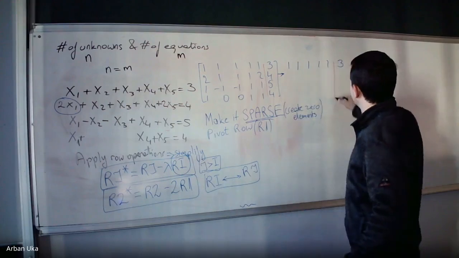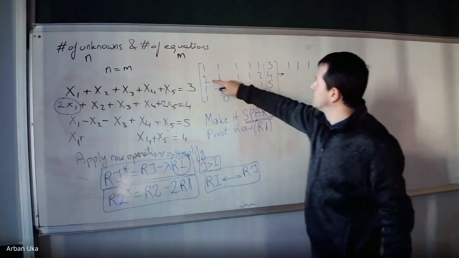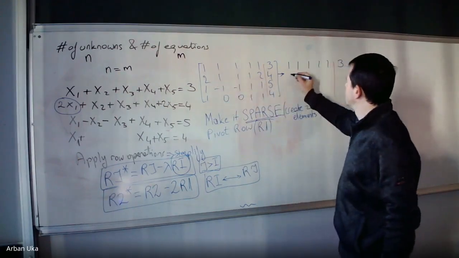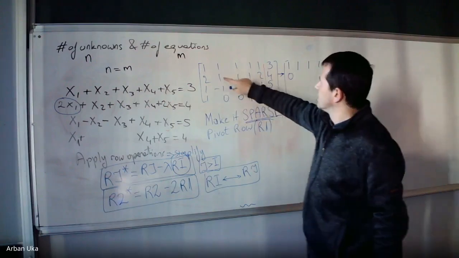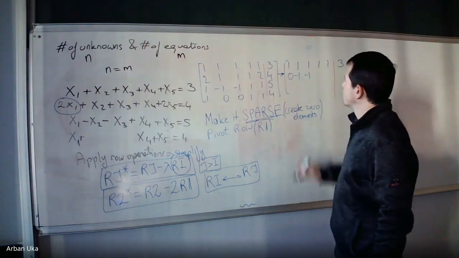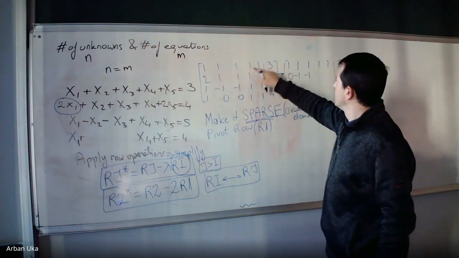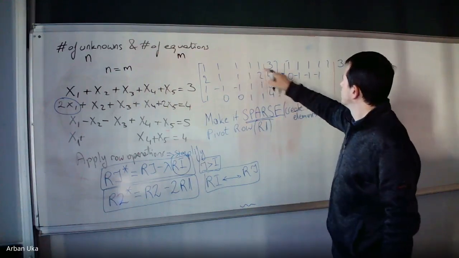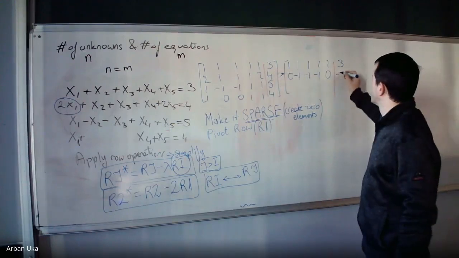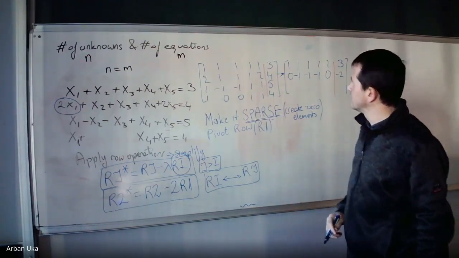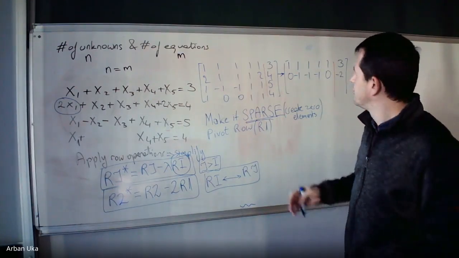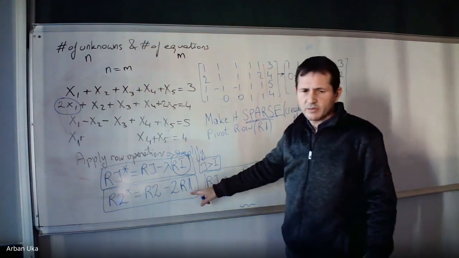Then we have 2 minus 2, this is 0. 1 minus 2 is minus 1. 1 minus 2 is minus 1. 1 minus 2, again minus 1. 2 minus 2 is 0. And 4 minus 6 is minus 2. So we simplified the matrix by using row 1 as a pivot.